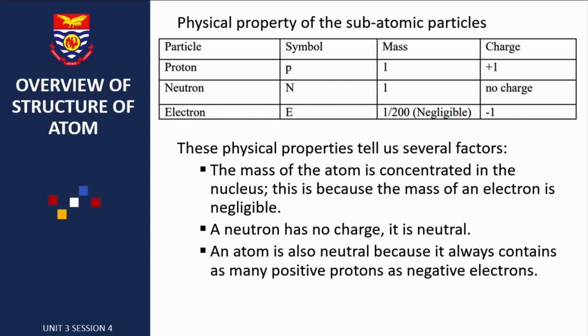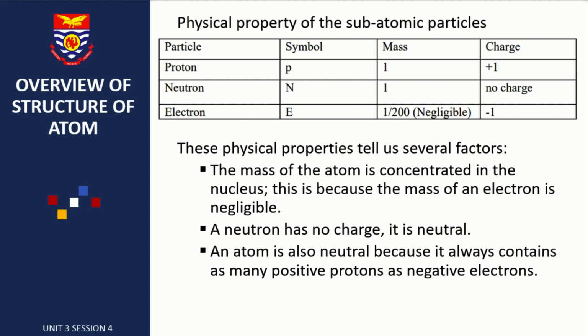There are some factors that you have to consider in these physical properties. And one is the mass of the atom is concentrated in the nucleus of an atom. This is because the mass of the electron is negligible. And the neutron has no charge. It is neutral.